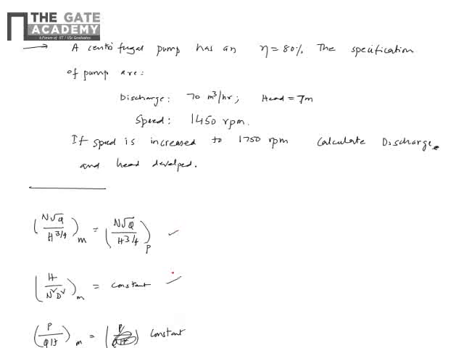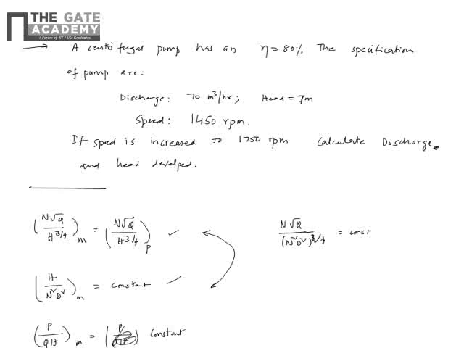So I need to eliminate one of these two if I combine. I can write N root Q by H in terms of this. So H can be written as some constant times (N² D²)^(3/4). I want to convert everything into speed and one varying parameter.